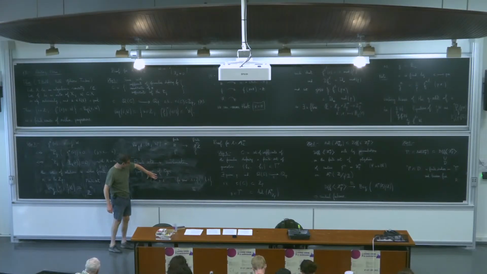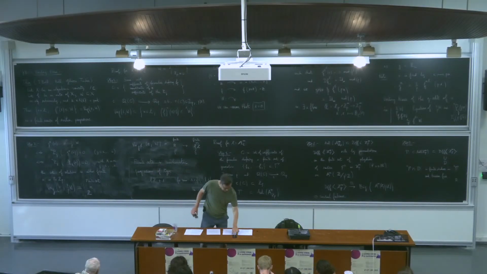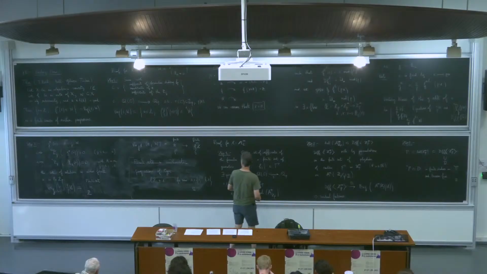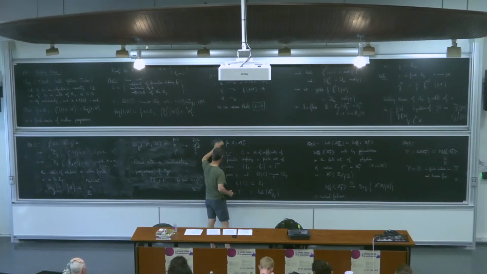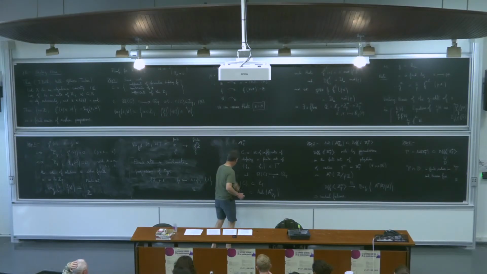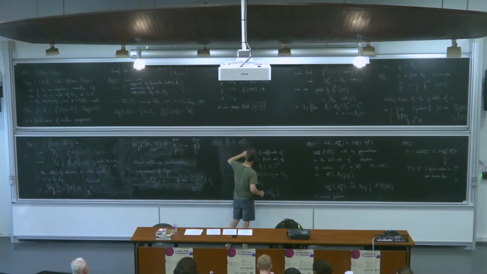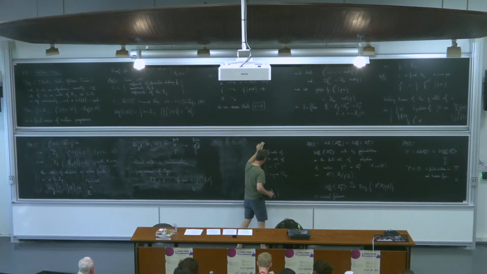What is difficult is to decide whether there is at least one time for which the orbit visits W. Okay, so now let me jump to the last statement I gave.